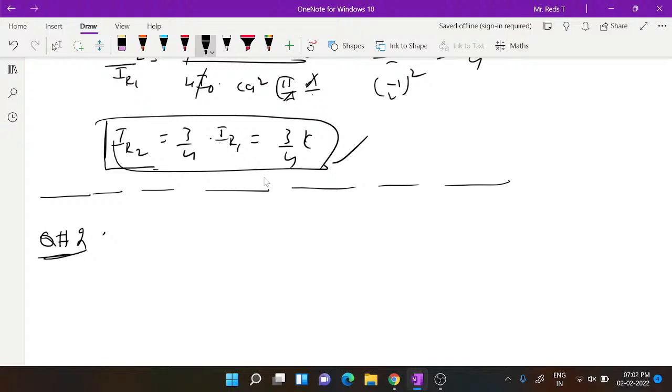How to express this? You have to quickly recollect this experimental setup. Somewhere this is O, and from the central maximum this is the distance.